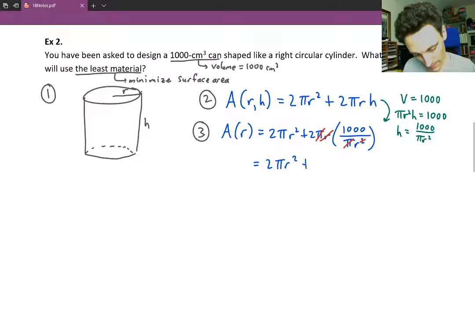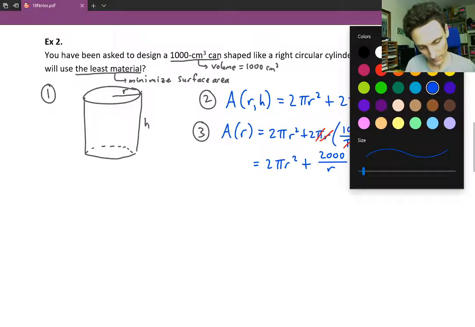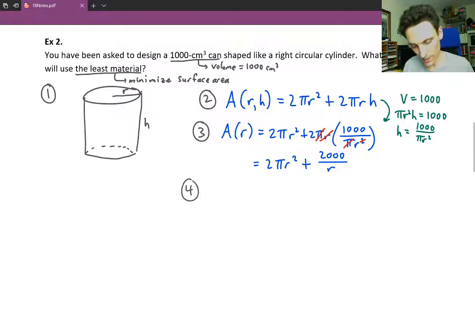And you've got 2,000 over r. So step 4, minimize the surface area. We don't want to use the most amount of material, we want to use the least amount of material.